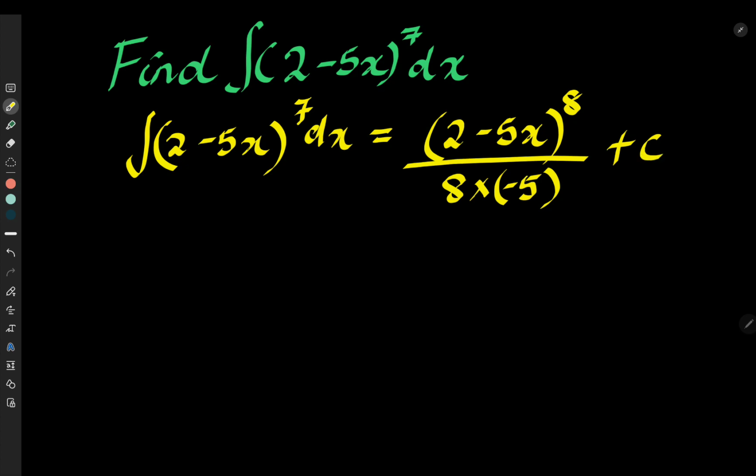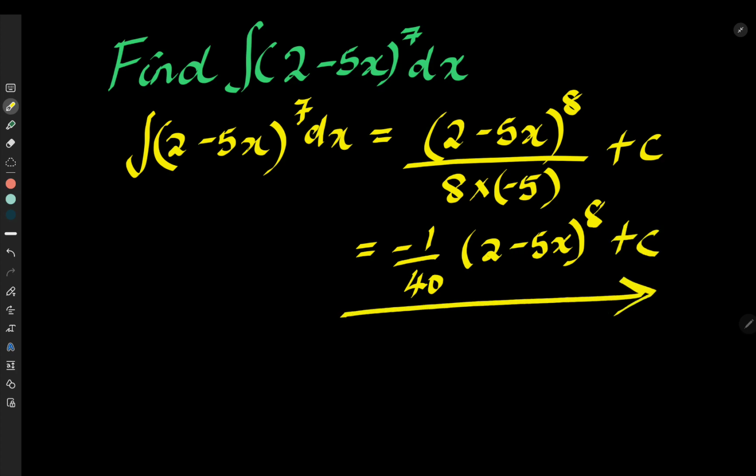Then plus your c, don't forget your c. This is equal to negative 1/40 multiplied by (2 - 5x)^8 plus a constant. And that's how we integrate (2 - 5x)^7.